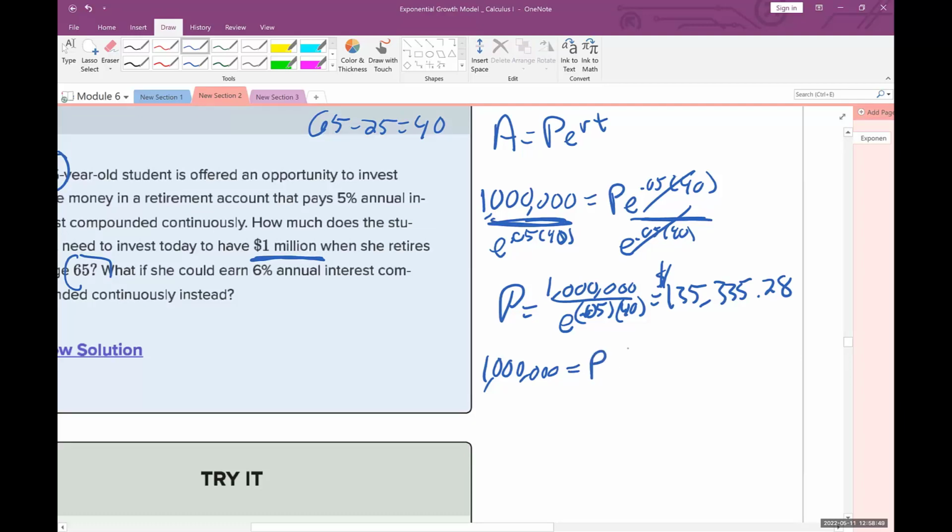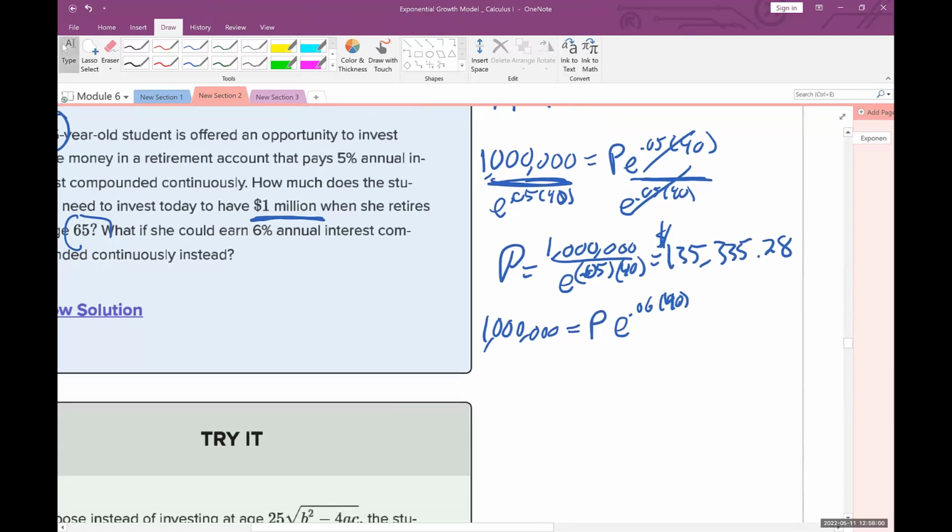So let's see, the other one asks us at 6% interest, e to the 0.06 times 40. And so we divide by e to the 0.06 times 40.